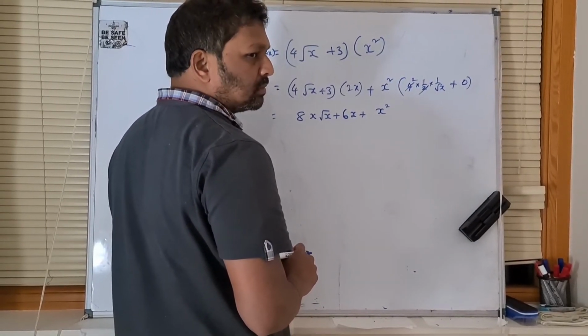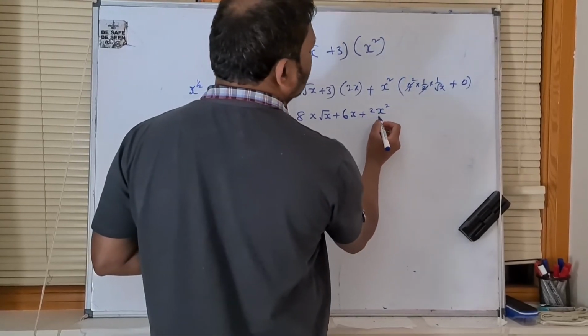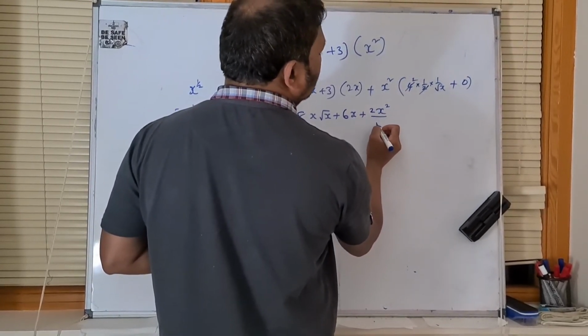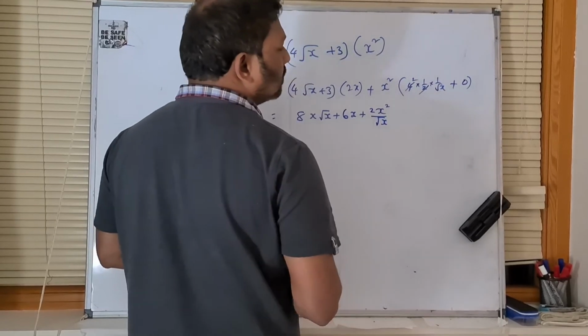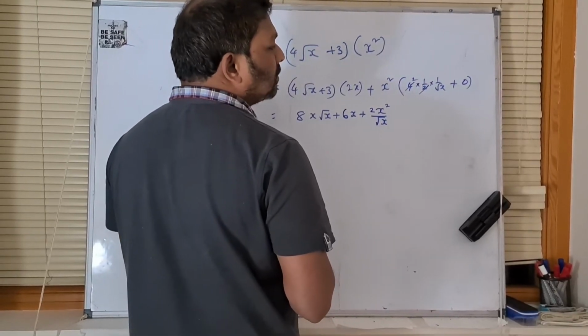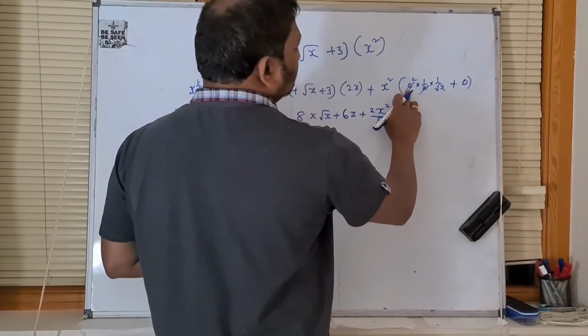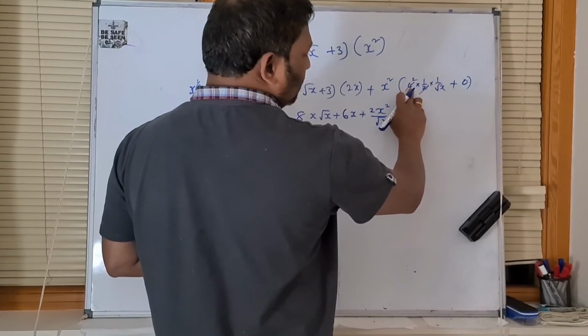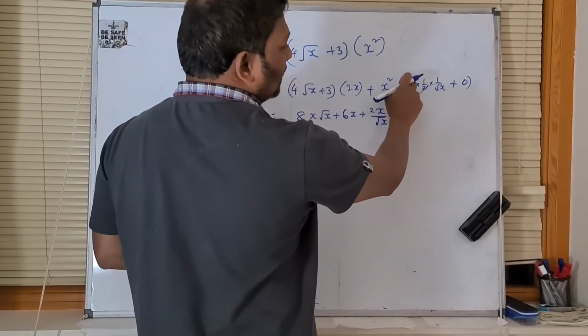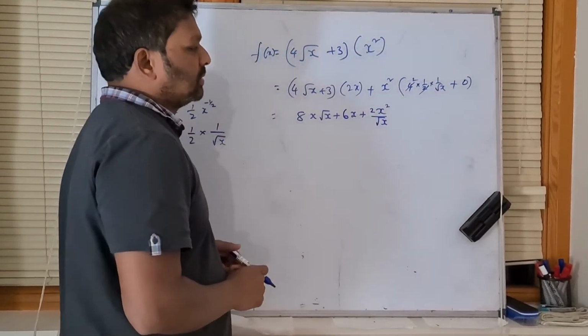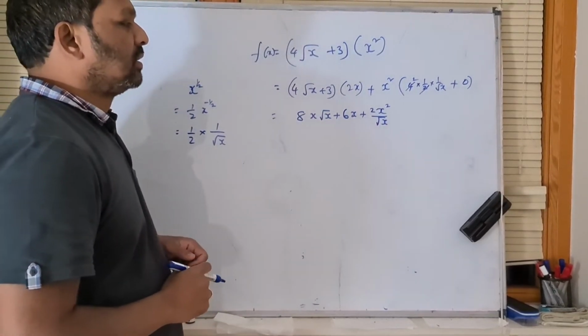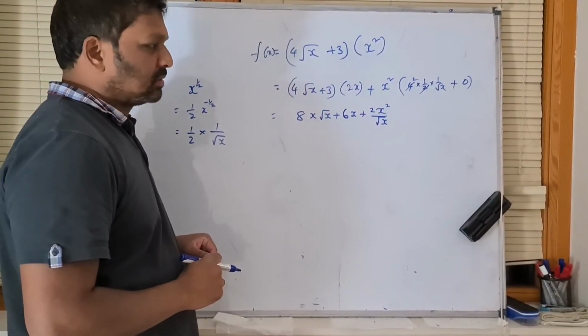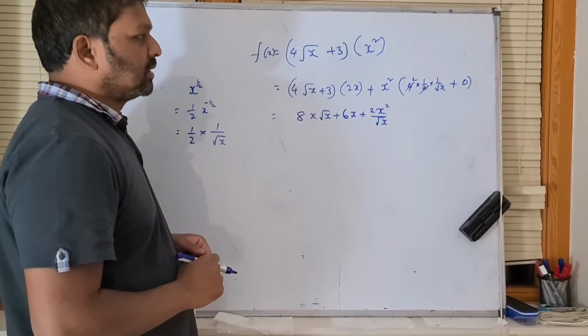Originally it was 4 divided by 2, so strike that and put 2 there. So the answer is 2x squared by root x.